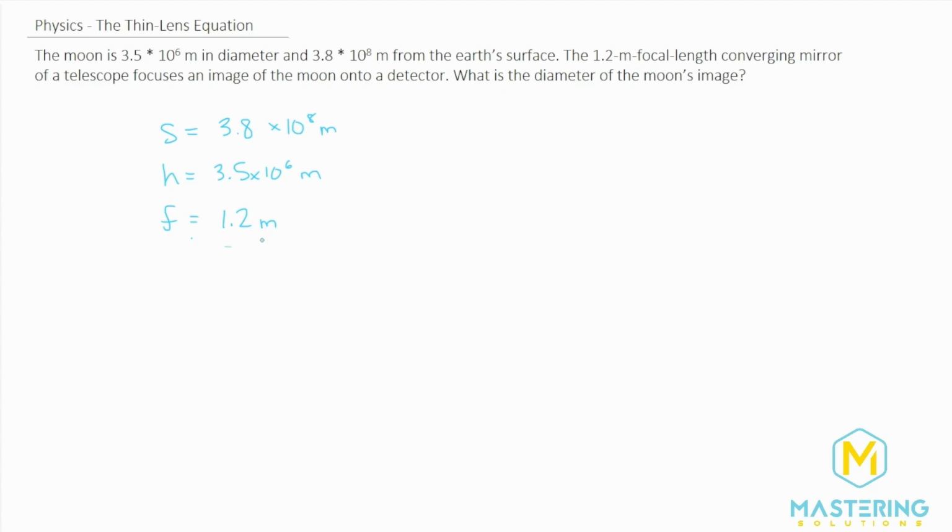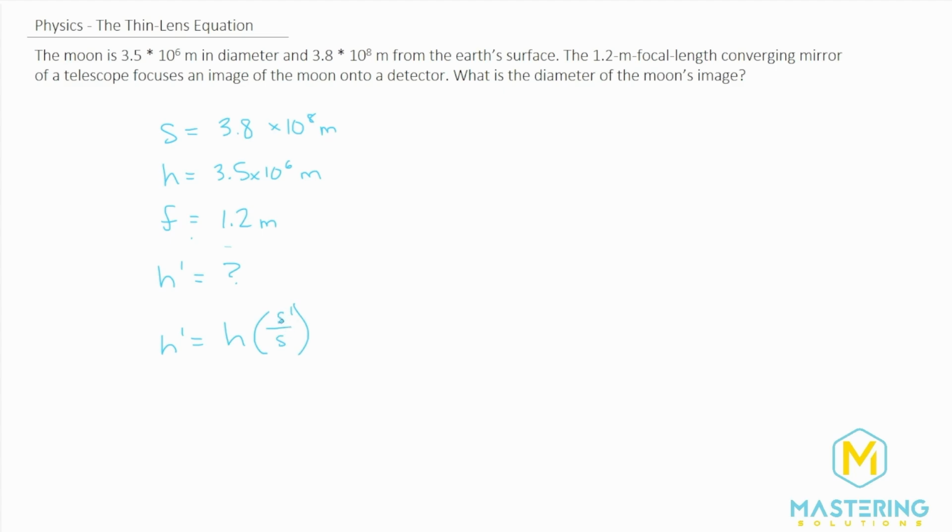Now we're trying to figure out what's the diameter of the moon's image. So just like we were talking about here, we're trying to find the image height. That's what we're trying to solve for in the question. We can use the equation that we've used in a lot of previous questions. The image height is equal to the object height times the ratio of the image distance over the object distance.